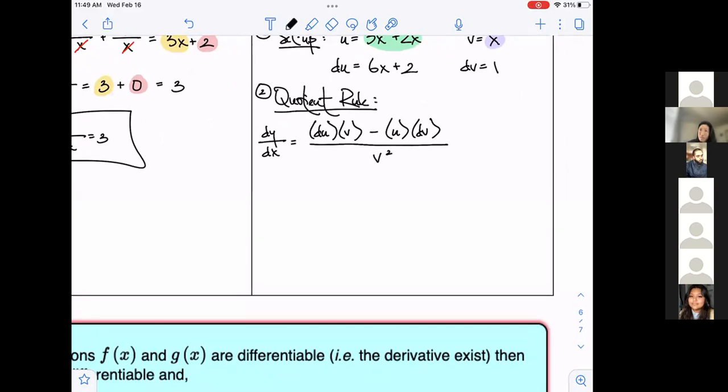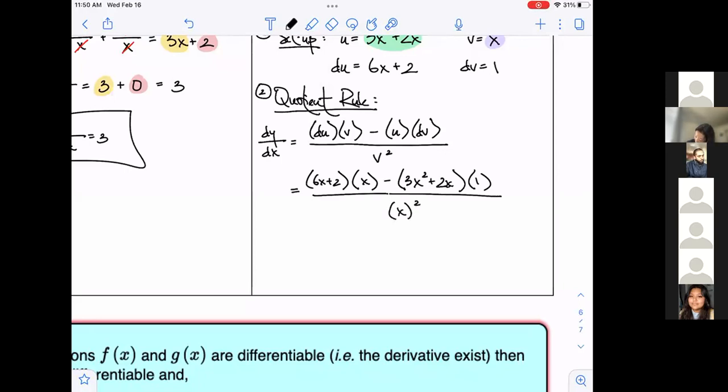Right? So let's go ahead and plug in what we got. We get 6x plus 2 times x minus 3x squared plus 2x times 1 all over x squared.